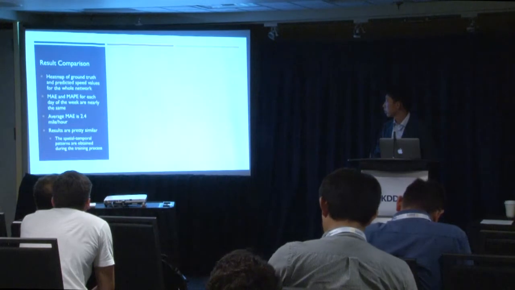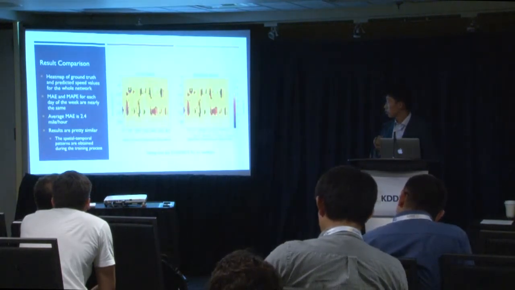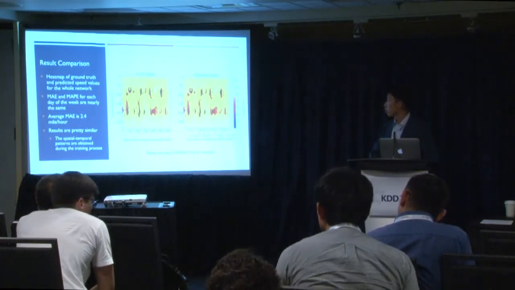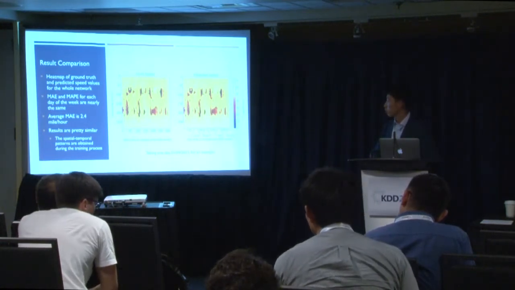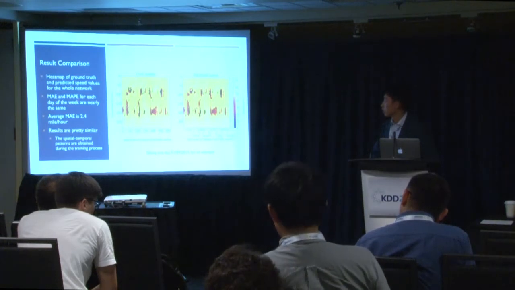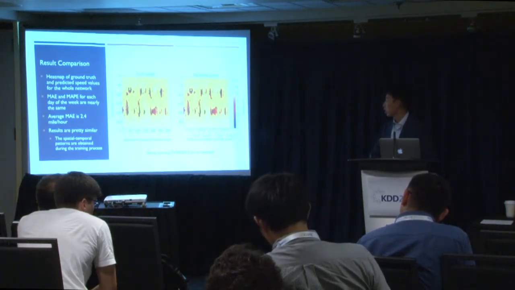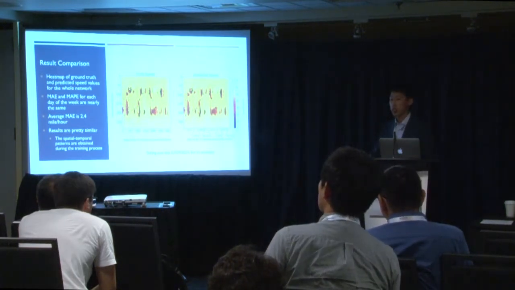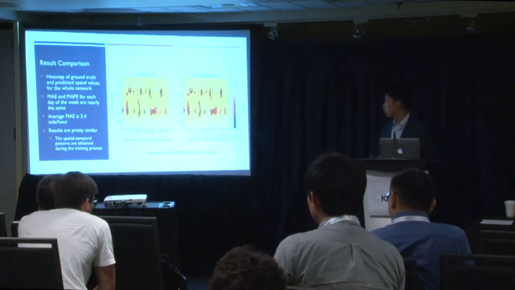So then to show our performance, we plot the heat map of the ground truth and predicted value of the whole network. We take 1 day for example. As you can see, the color shows the speed in different sensor locations.